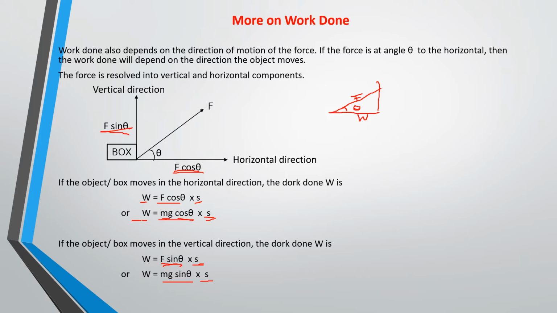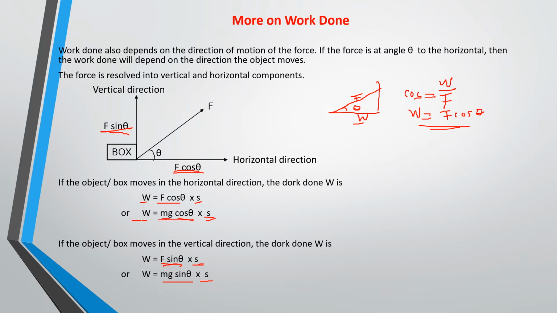We know that cos theta, for the horizontal direction, is equal to W all over F. So W will be equal to F cos theta. Because some of you want to ask me, how did I get F cos theta and F sin theta? So this is just it.